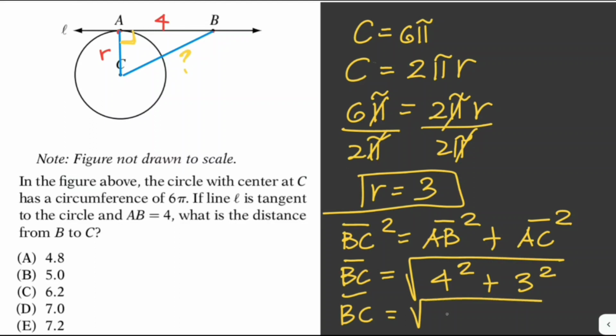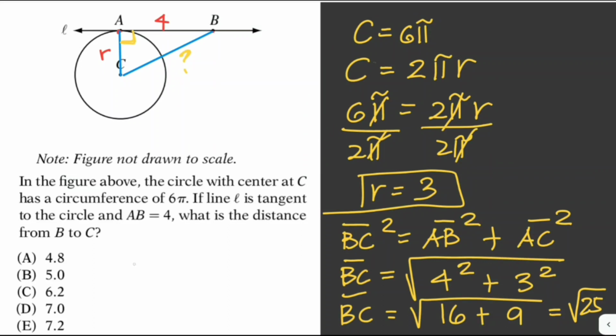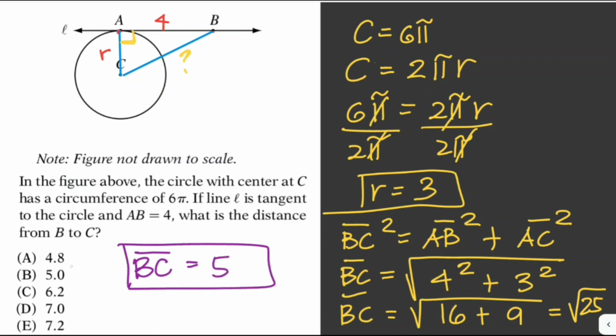So this is just 16 plus 9, which is equal to the square root of 25. Therefore, BC is just equal to the square root of 25, which is 5. So the answer here is letter B.